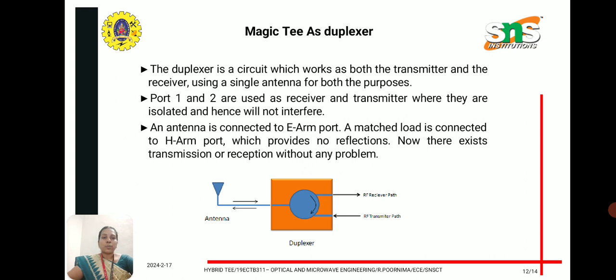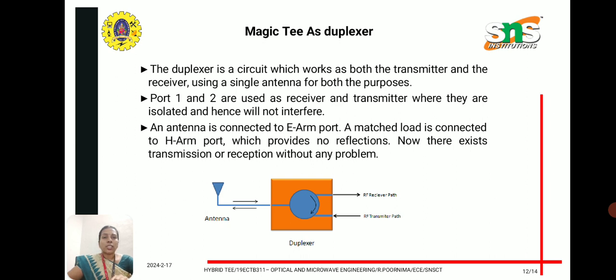Here is the explanation for a duplexer circuit. The duplexer is a circuit which works as the transmitter and receiver using a single antenna for both purposes. Consider a magic T, which has four ports. Port 1 and 2 are used as a receiver and transmitter. They are isolated, so the signals will not interfere between transmitter and receiver.